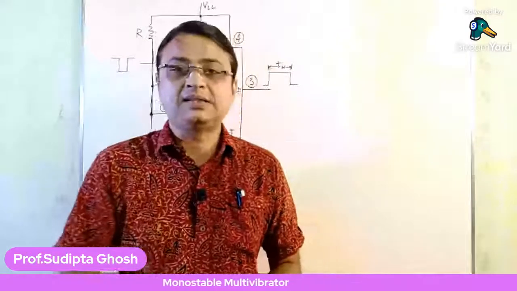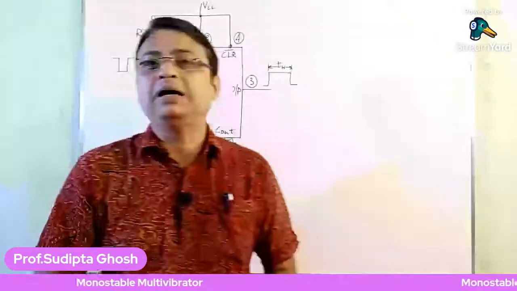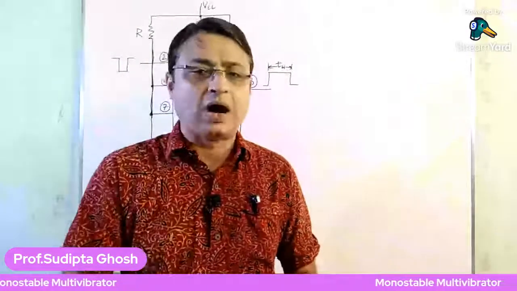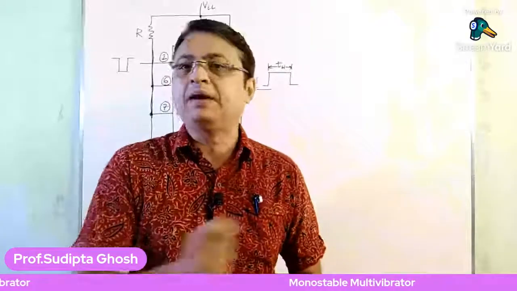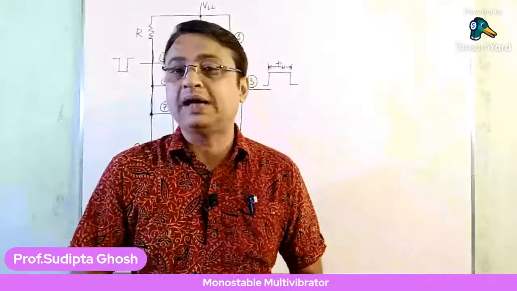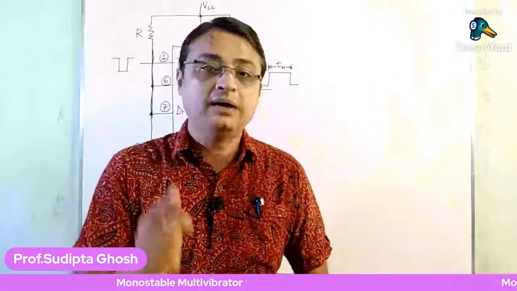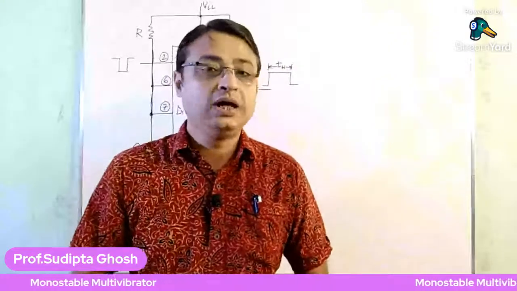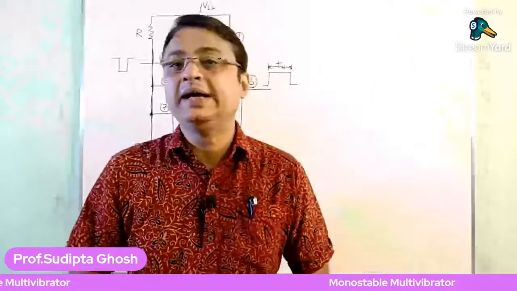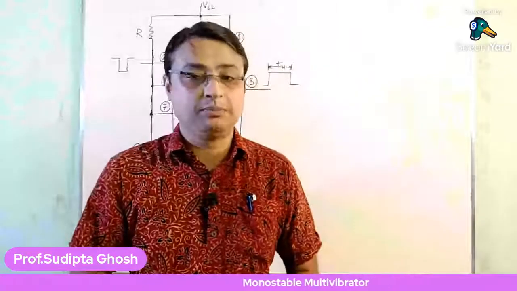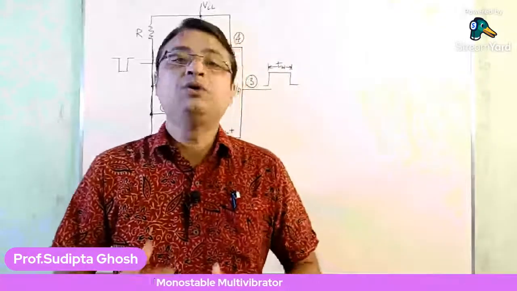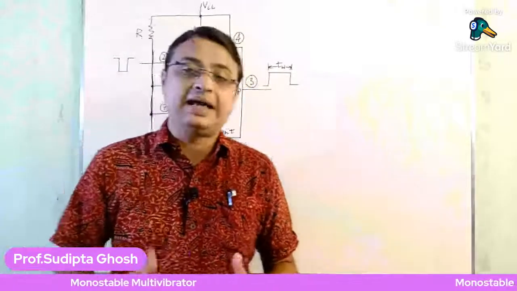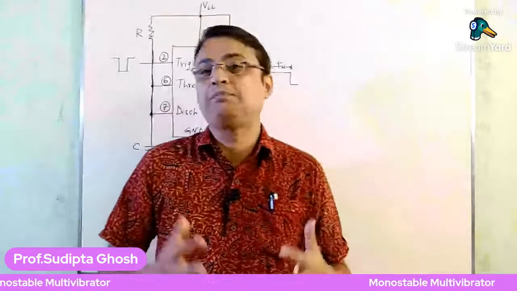Now, interestingly, monostable multivibrator. Mono means one. So a multivibrator circuit which has only one stable state is a monostable multivibrator. Now you can tell me, how is it possible?